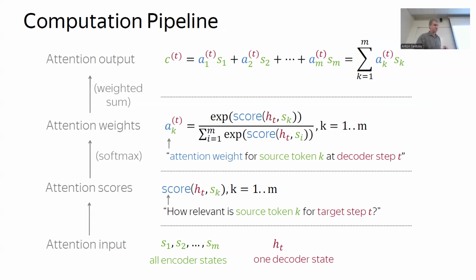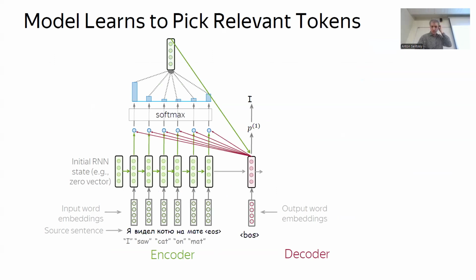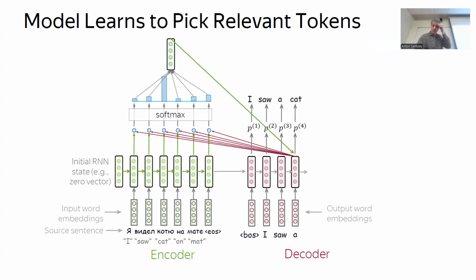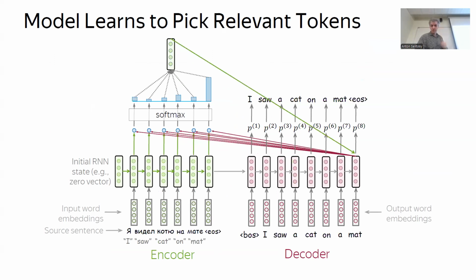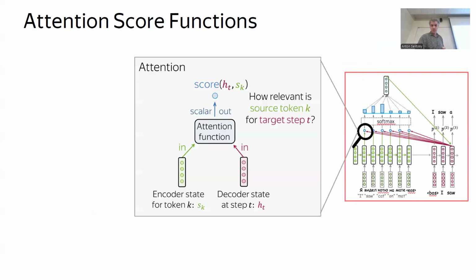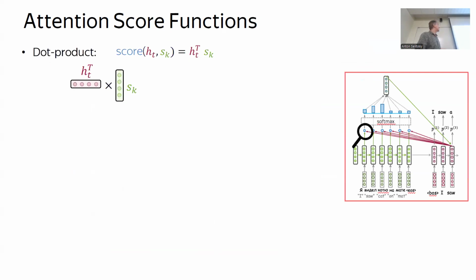But I want to go to the slides to show how to calculate this score. The simplest score function, as I mentioned before, is just a dot product. In this case, you need to have the hidden vectors in both LSTMs of the same size.